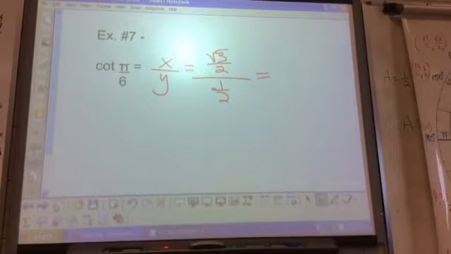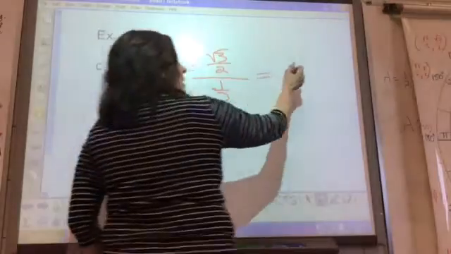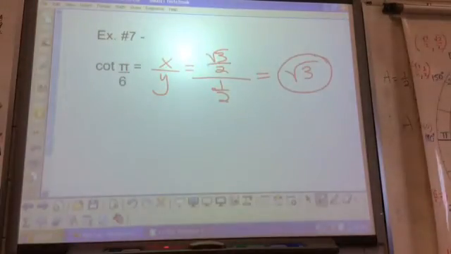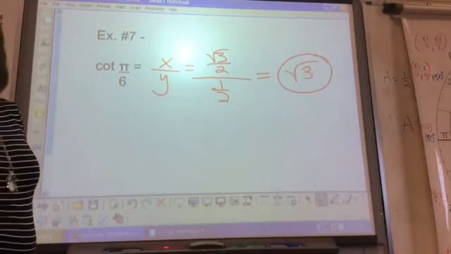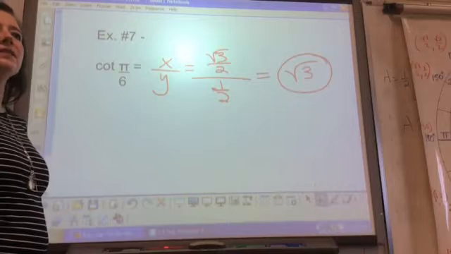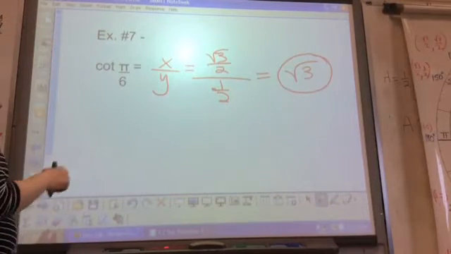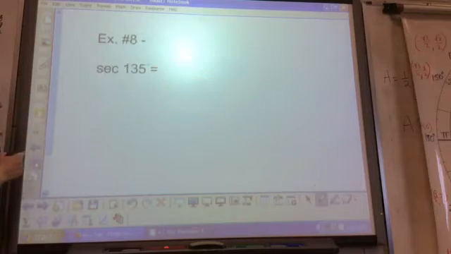Square root of 3. Make sure that's good for y'all. Square root of 3? Yep. So the calculator's going to do the hard work for you. You just got to get the setup. Guys, y'all good? All right. Let's do another one.